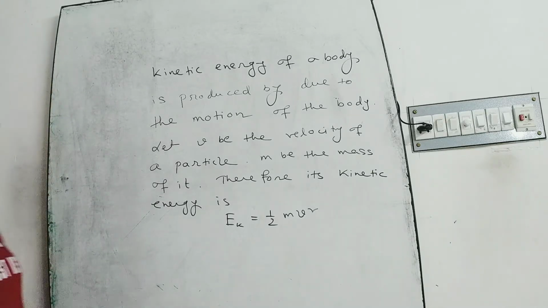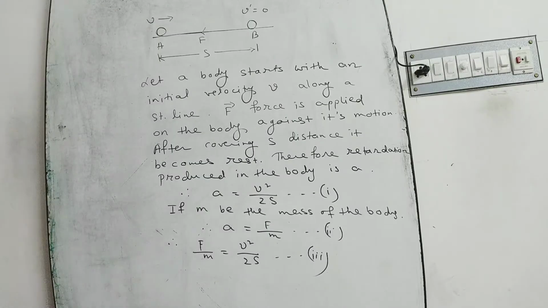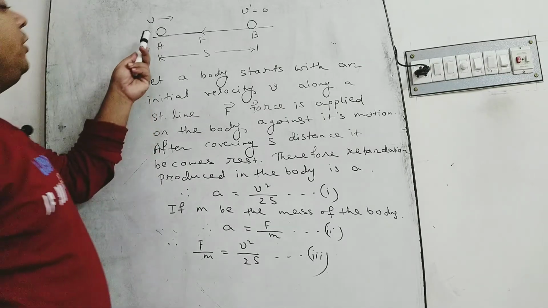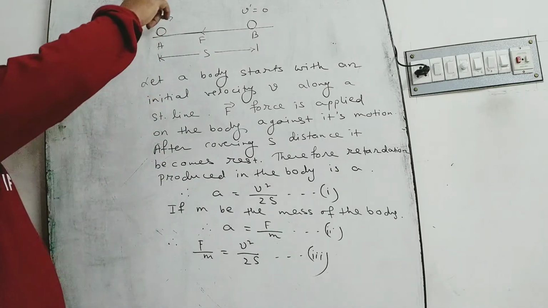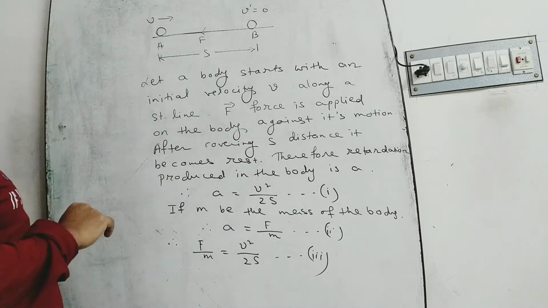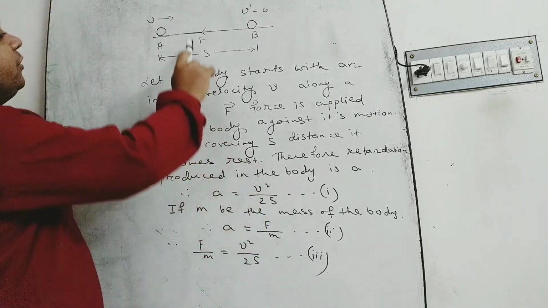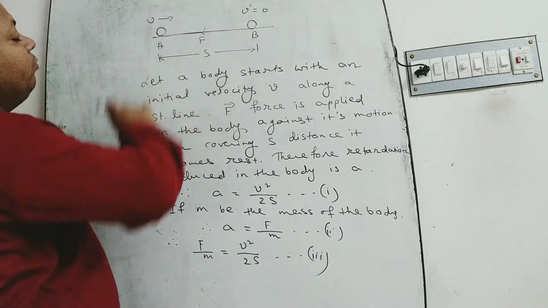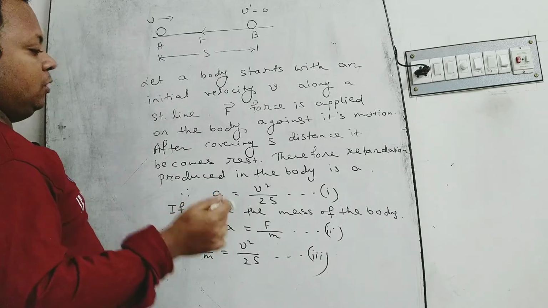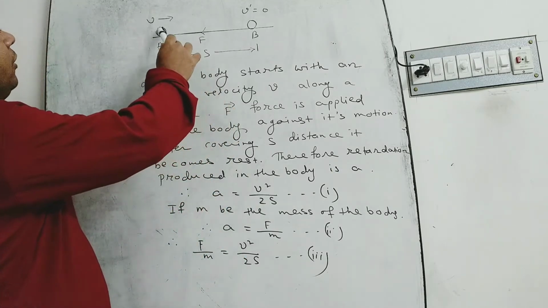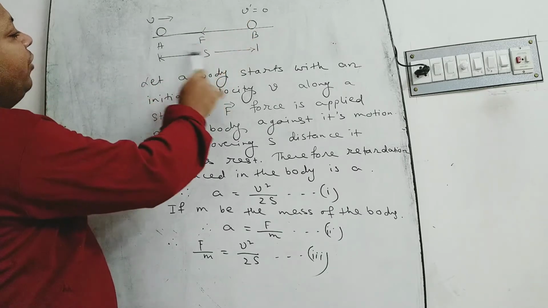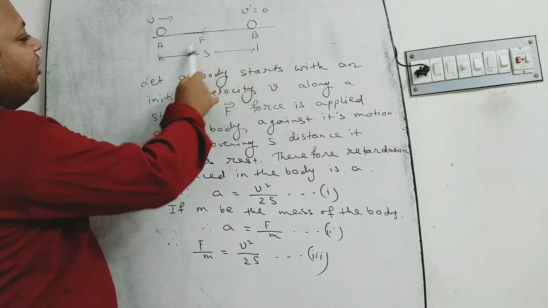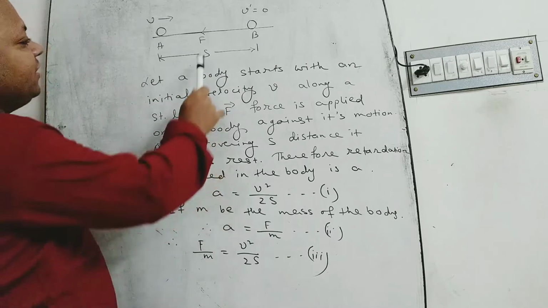We can prove it easily. Let a body having mass m start with velocity v. If force is applied against the motion of the body, the body comes to rest after covering a distance s.